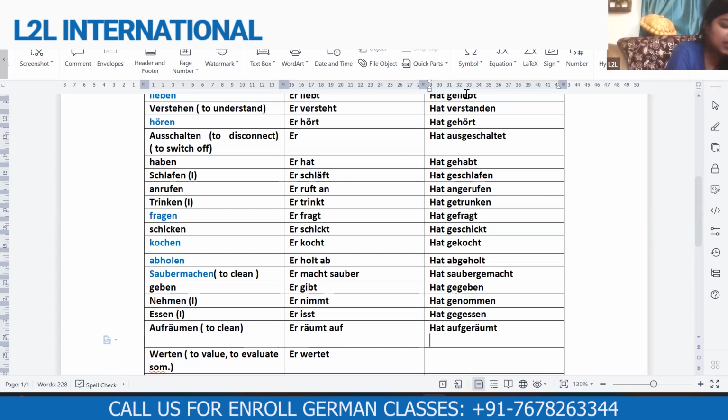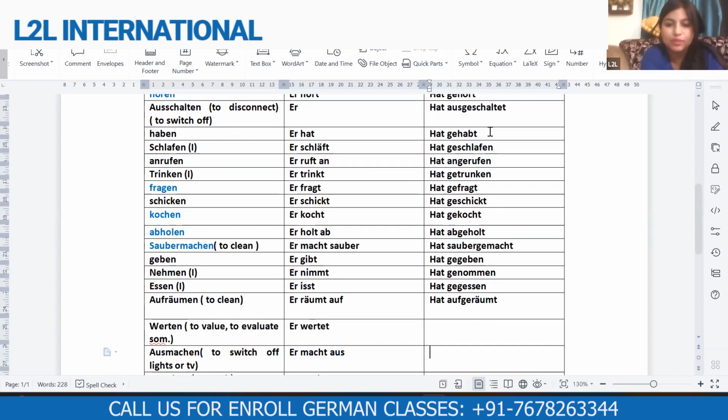I think it's hat aufgeräumt. Hat aufgeräumt. Richtig. Werten is to value something, so it becomes hat gewertet.